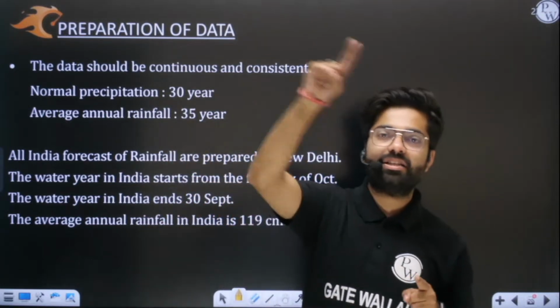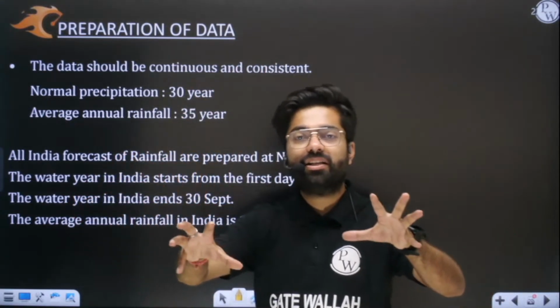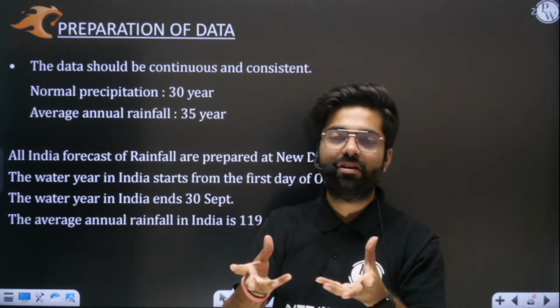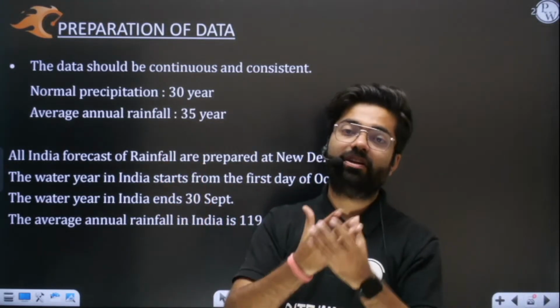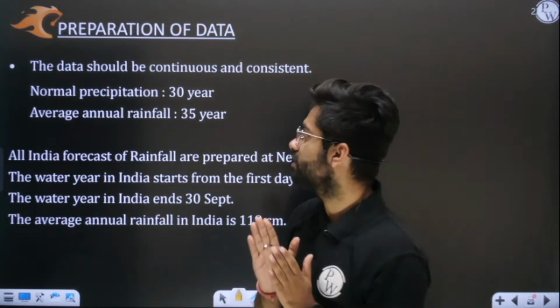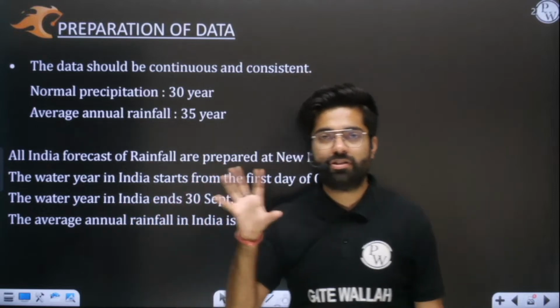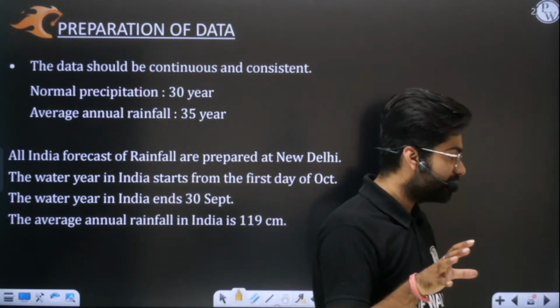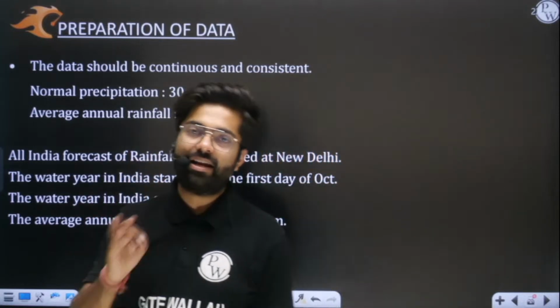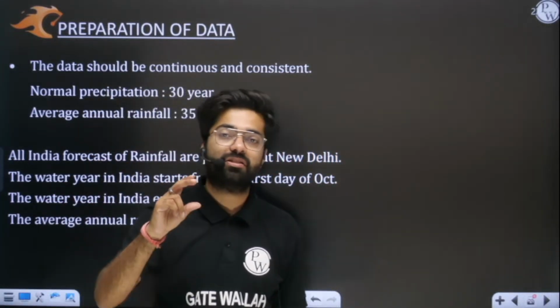And if all the rain gauges are working properly and we are collecting the data properly in a given year, in 2020, in 2021, in 2022, all the rain gauges are working properly, we are getting the yearly data properly, then I will say that data is continuous. I hope this is very, very clear to you. Which means that sometimes it can happen that some stations are not working.